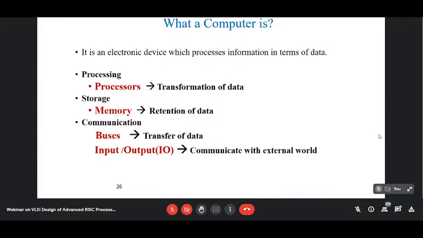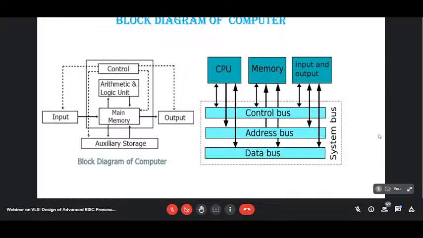Basically, the purpose of a computer is to process information, to store information, and to communicate information through input-output devices or through buses. So these are the three operations. Processing is done by processors, storage is done by memory, and communication is done by buses or input-output devices. These are the basic building blocks.